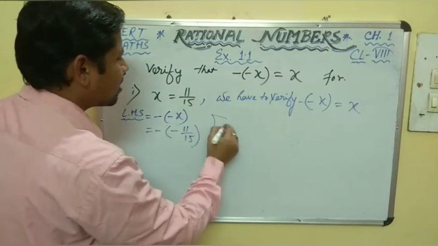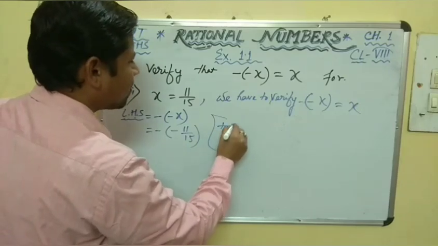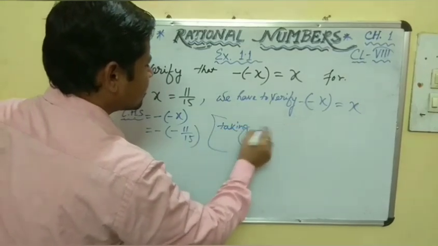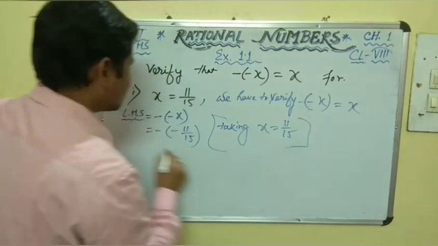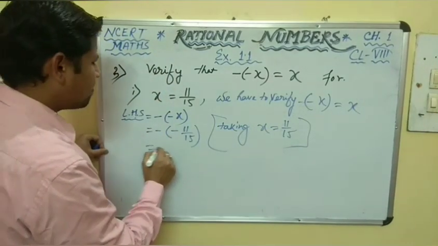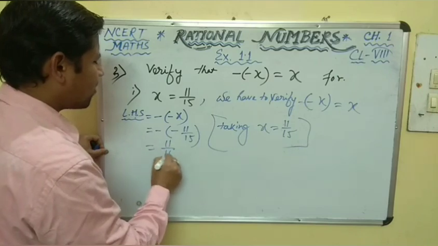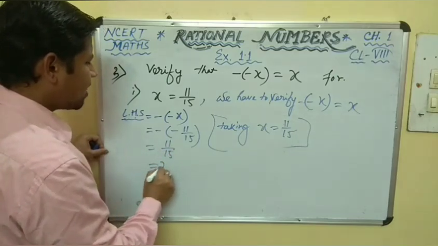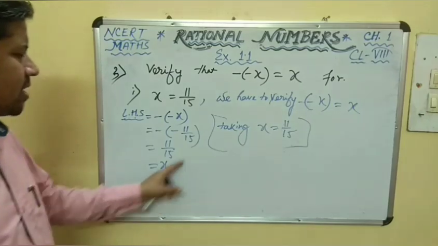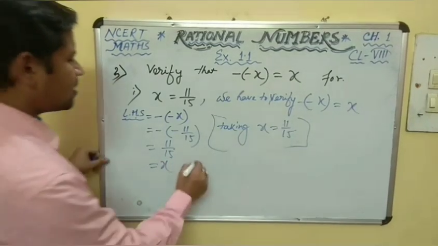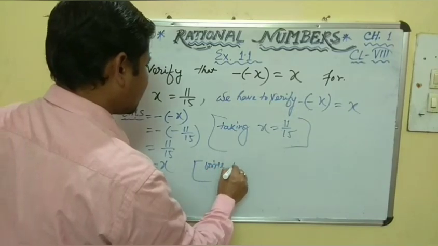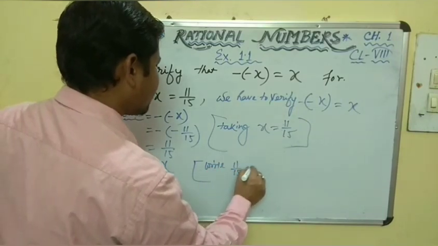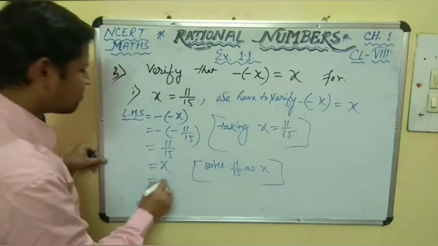Putting x equals 11 by 15 here, what will be there? Minus and minus become plus. So 11 by 15, it is nothing but x. Write 11 by 15 as x. So it is nothing but the right hand side.